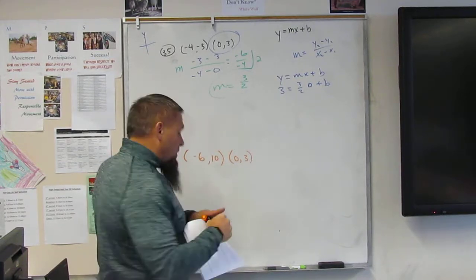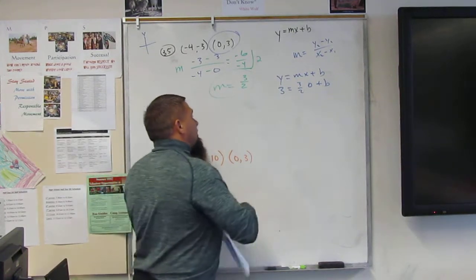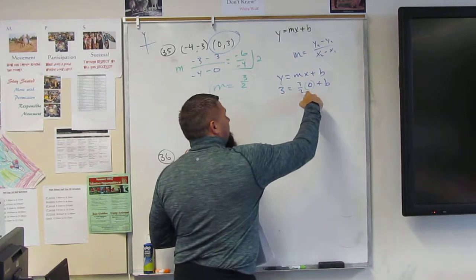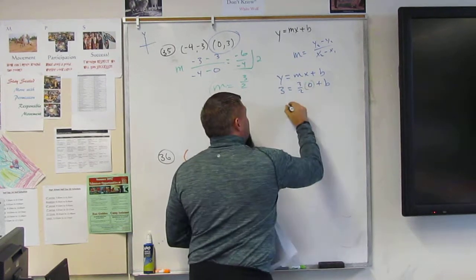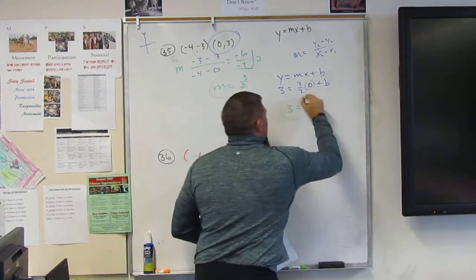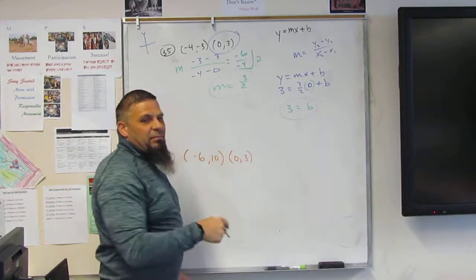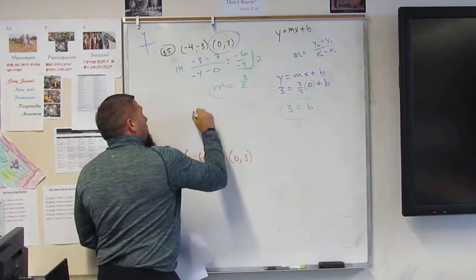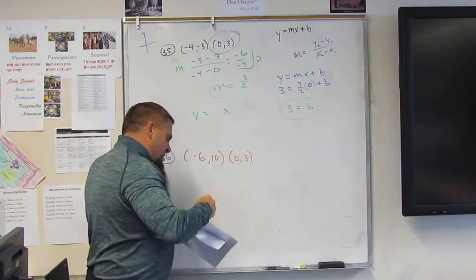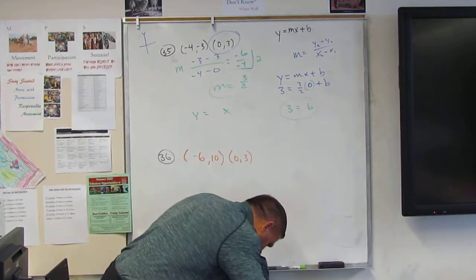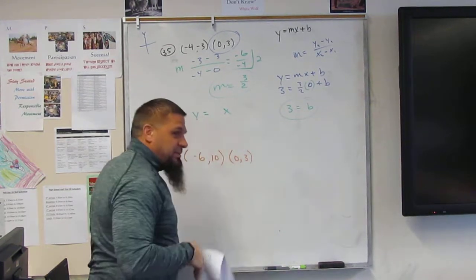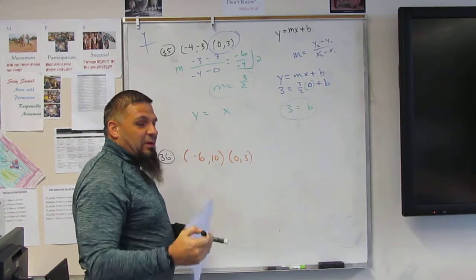Right? Good. So then what's 0 times any number? 0. So it's just 3 equals b. Once I have b and I have m, I have the equation. Y equals 3 over 2 x plus 3.